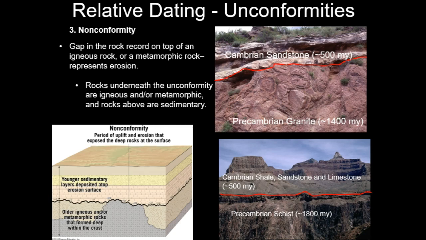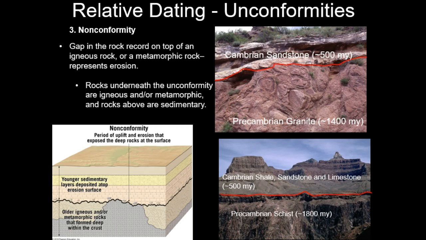In nonconformities, there is a gap in the rock record between an older metamorphic or intrusive igneous rock and the younger sedimentary rock that overlies that. So this type of unconformity indicates a period during which there must have been uplift of that igneous intrusion or the metamorphic rocks all the way to the surface.